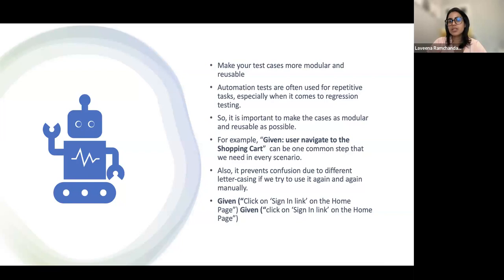So this is something that you can use in 10 different scenarios. So keep it modular. Also, it prevents confusion due to different letter casing if we try to use it again and again manually. And yeah, given click on sign in link on the home page, and given click on sign in link on the home page. That's just double the job when you can just have one and use it again and again.